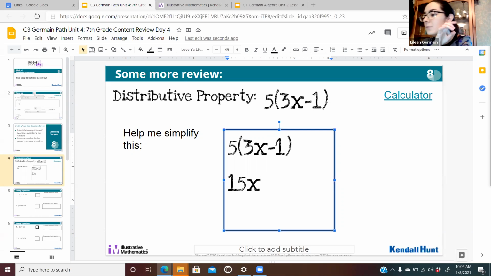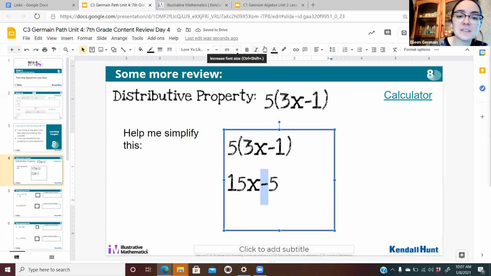Nice job, Avery, Bridget, Jaden. And when we multiply 5 times -1, we get -5. You need to remember to put that negative symbol in there so that we know that we're subtracting, that it's like a -5. So 15x minus 5 is what this distributive property simplifies to.